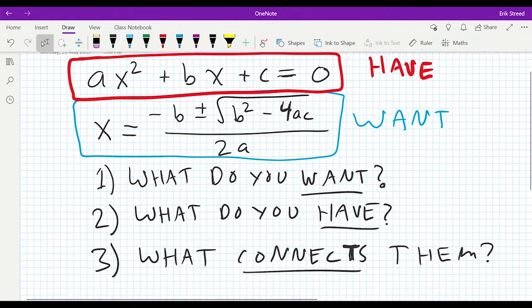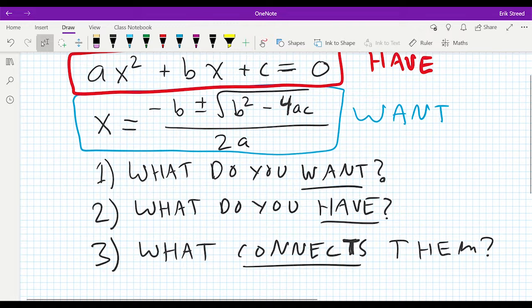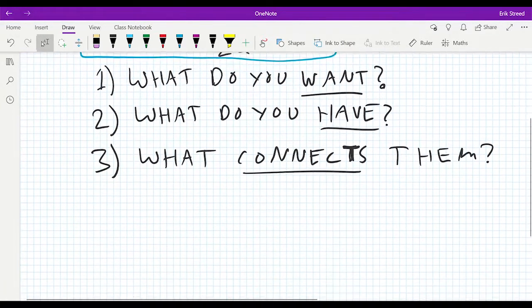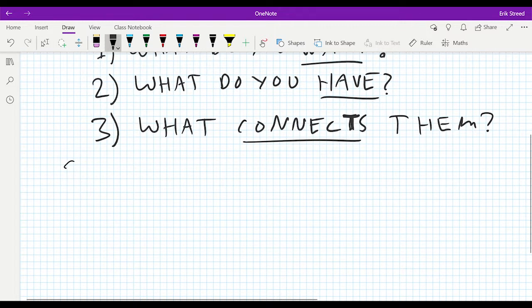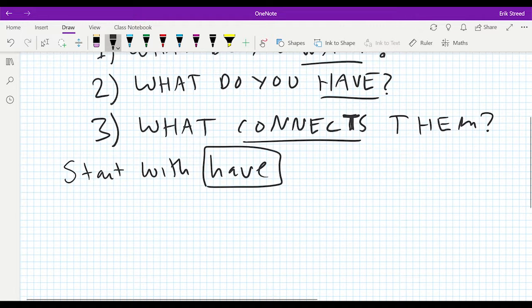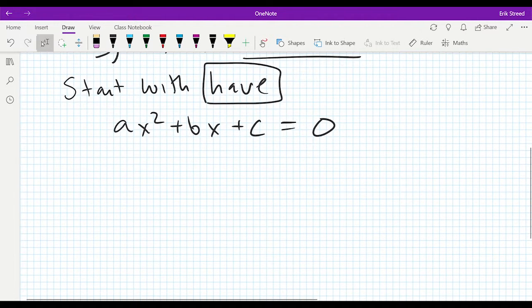So to start off, this want thing is a big nasty mess, but this have thing isn't too bad. So let's start with the have. And that's ax squared plus bx plus c is equal to 0. So what does this mean?